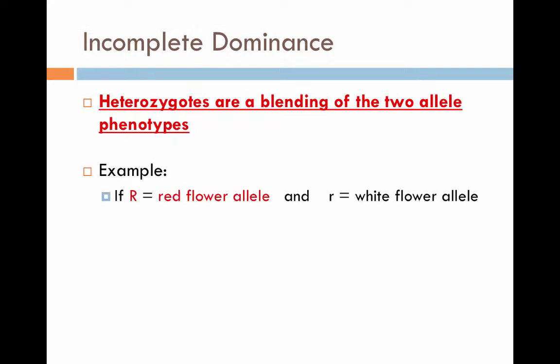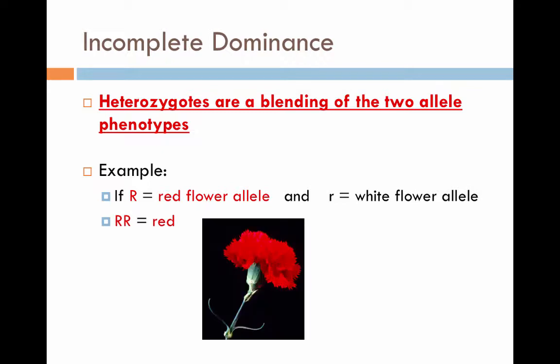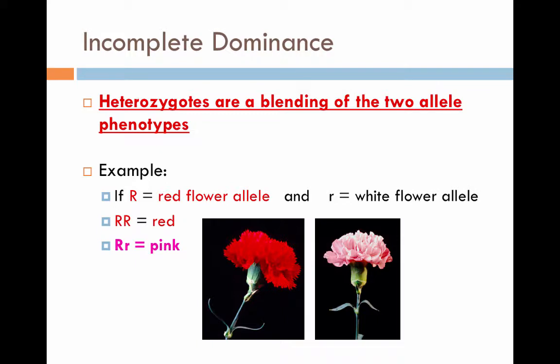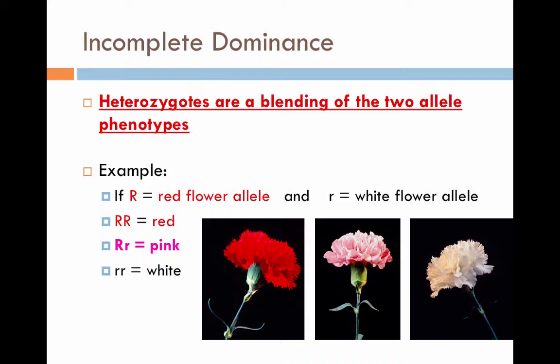For instance, again, if big R represents the red flower allele and little r represents the white flower allele, big R big R would represent the phenotype of red. Here's where it's different. The heterozygous organism, big R little r, if it's incomplete dominant, it means it's a blending of red and white, which is pink. Little r little r is still white. So the only difference here is the heterozygote organism is a different color in this example.